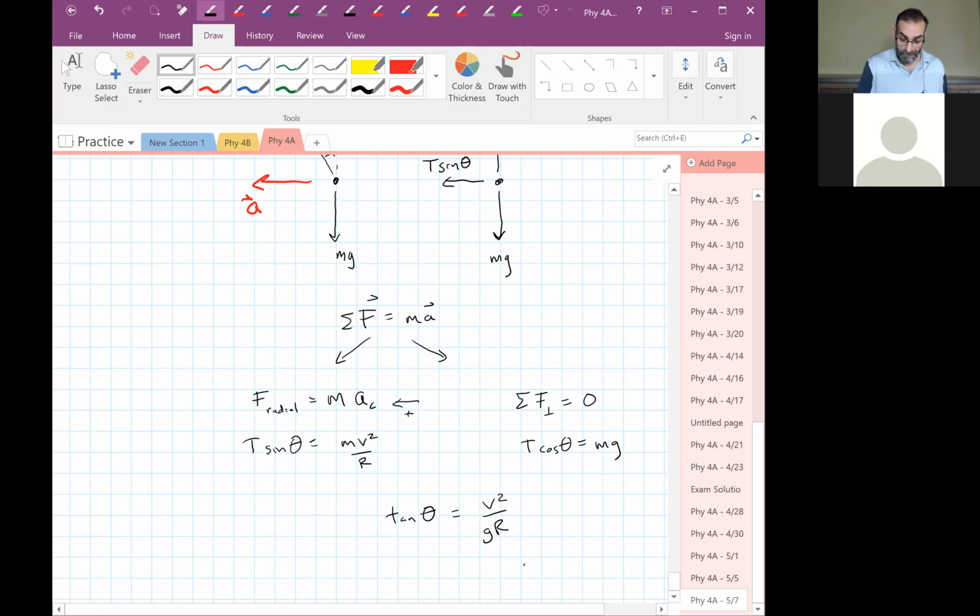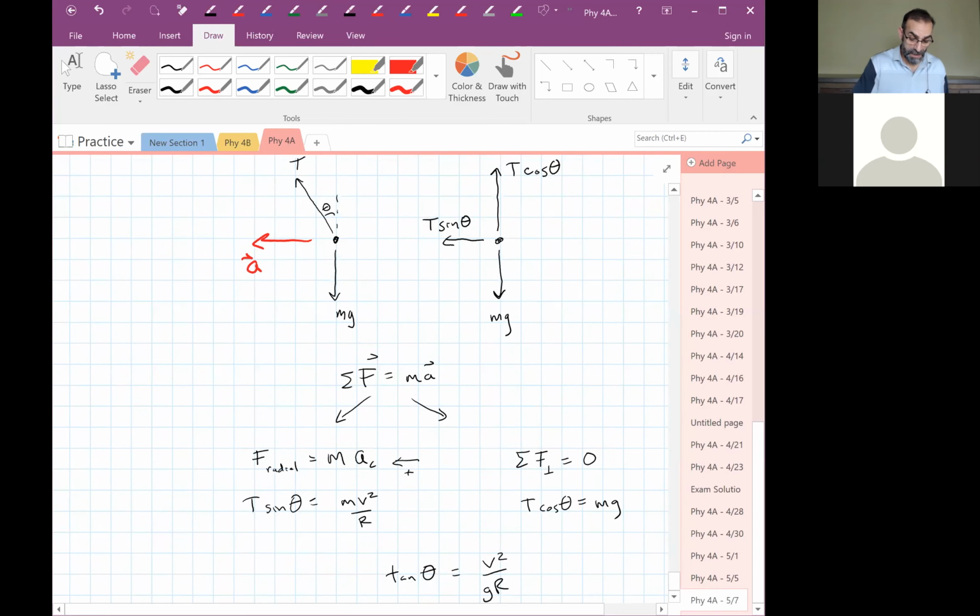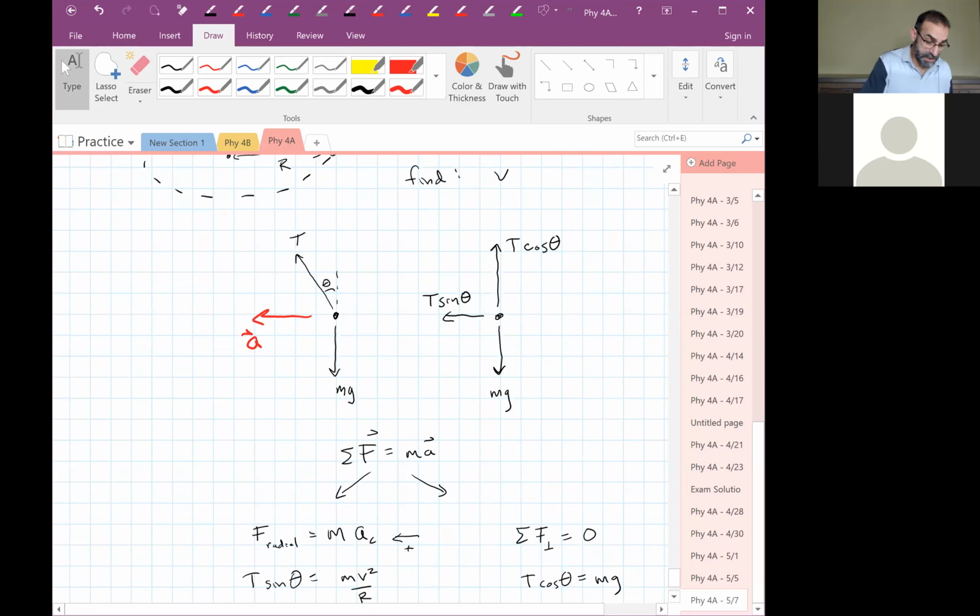And we're doing this direction is my radial direction, right? And this direction is my perpendicular direction.